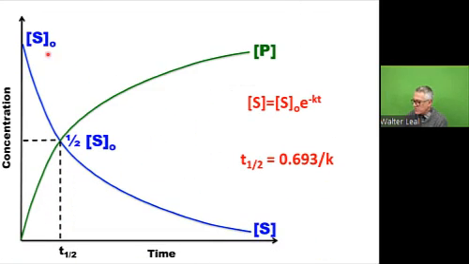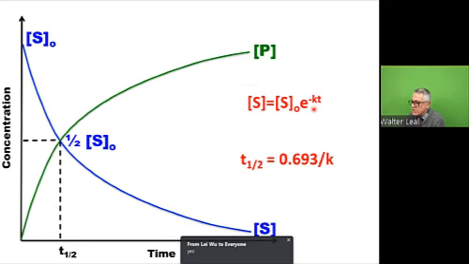Another important issue is that for this first order reaction, we talk about the exponential decay of the substrate and the exponential increase of the product. Therefore, we follow this formula: S equals S0 times e to the power of minus kt. k means the rate constant of the first order reaction, and t means the time, in whatever unit of time that k is given.